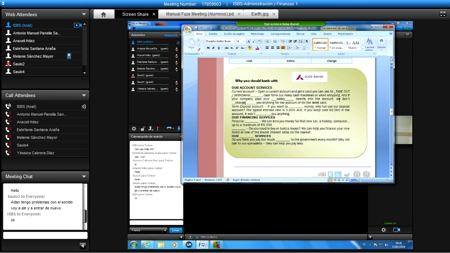A term deposit account. What is the meaning of term? For example, when you go to school, you have the summer term, the winter term, the spring term, and the fall term. Or also the quarter as well.